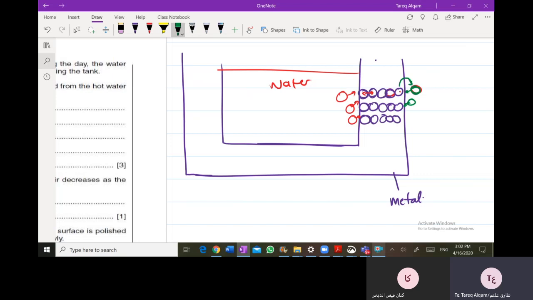As a result, the temperature of the water decreases, the temperature of the metal walls decreases, while the air temperature increases. So the heat is transferred in this way. Clear? This is the way that heat is transferred from hot water to the air outside. Any question before writing?